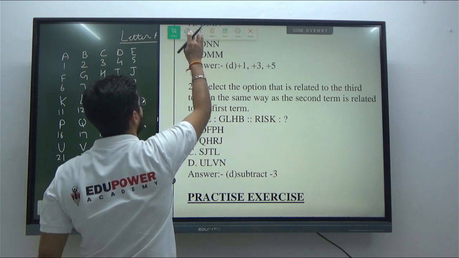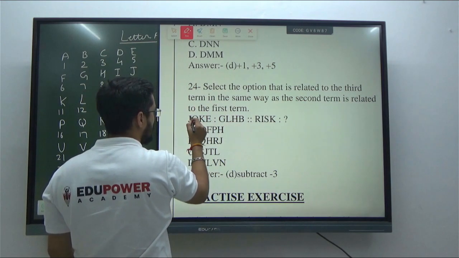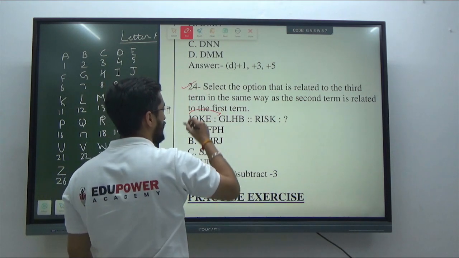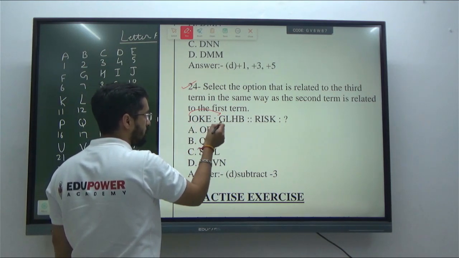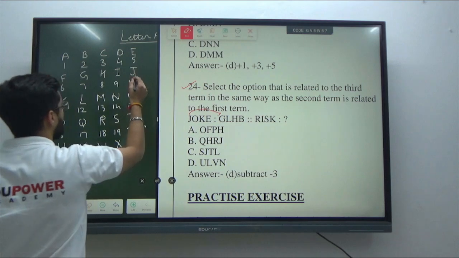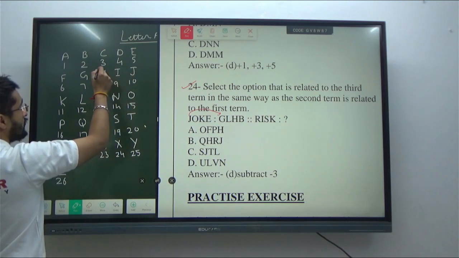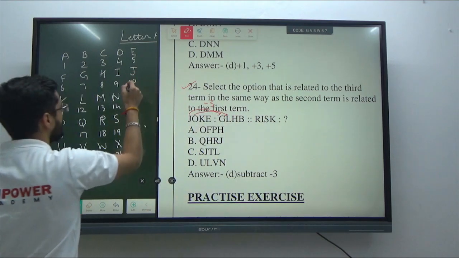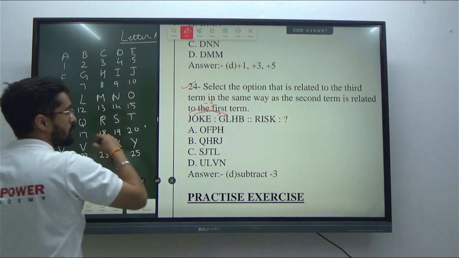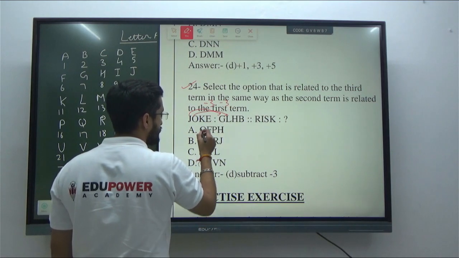Question number 24, again the same type of question. Jog is to JLHP. So from J we are going to G. J to G is 1 2 3, minus 3. O to L, again minus 3.